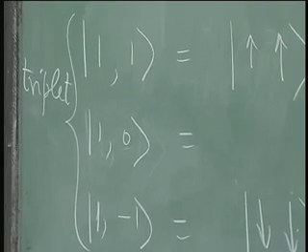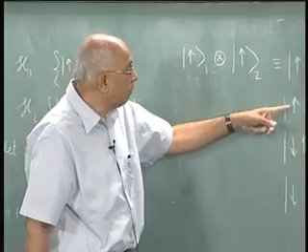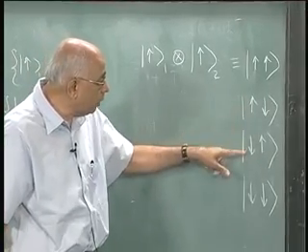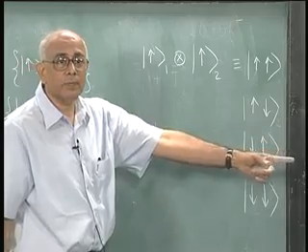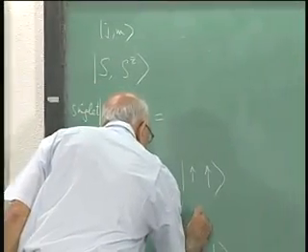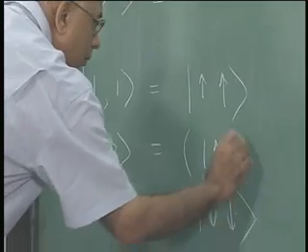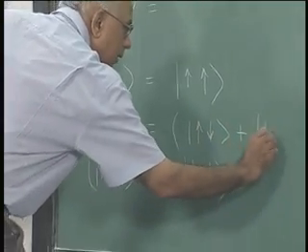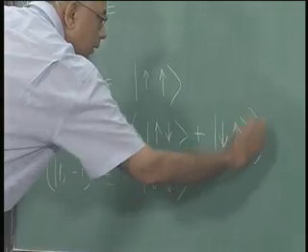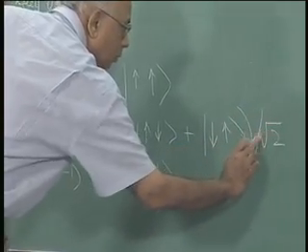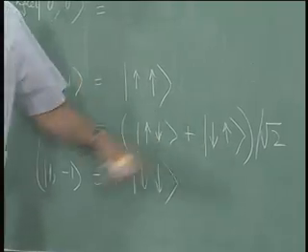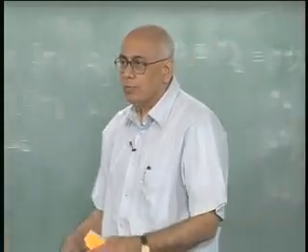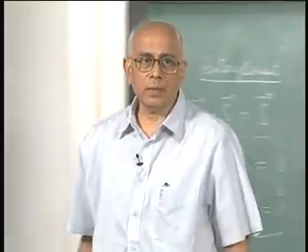You have this and this as the 2 possibilities, but if I exchange the 2 I go from here to here and this goes from here to there. So what should I do there? Superpose the 2. So this is up down plus down up divided by square root of 2 because I have to normalize this. Each of these is normalized to unity and therefore if I divide by square root of 2 I normalize this state.